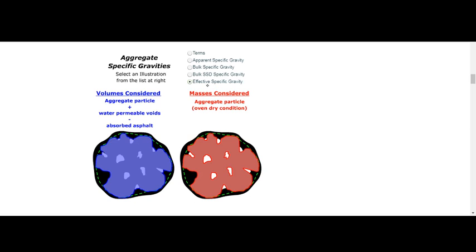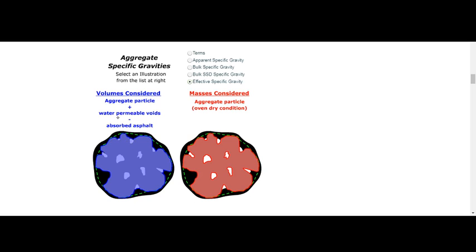So what is the difference between the effective specific gravity and the apparent specific gravity, or the bulk specific gravity? As you can see, as usual, we will always be taking the solid portion, the oven dry mass, as the mass. But in case of effective specific gravity, what will we be considering?